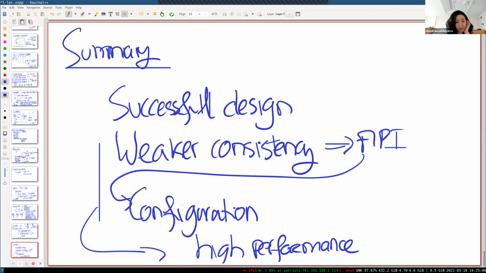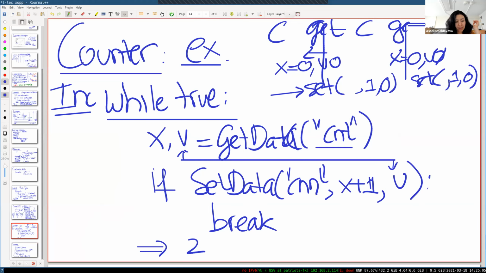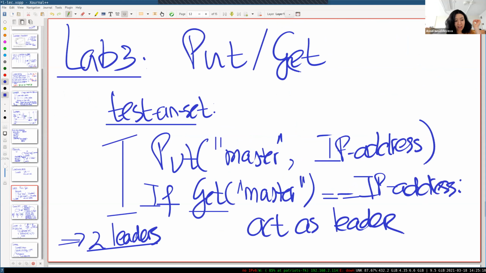Sorry, can you go to the slide which showed the unsuccessful example for test and set? I think it's two slides back. This one. Yeah. So the new design is able to fix that, right? Yeah, you mean with the APIs that Zookeeper provides?